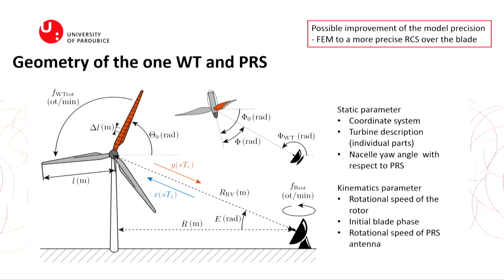It is not so easy. It is the static parameters. Then we have the kinematic parameters, and that is the rotational speed of the rotor. Initial blade phase is this angle, because we need a start. And you can ask, okay, what are you choosing? How you will see later. It is not so important.